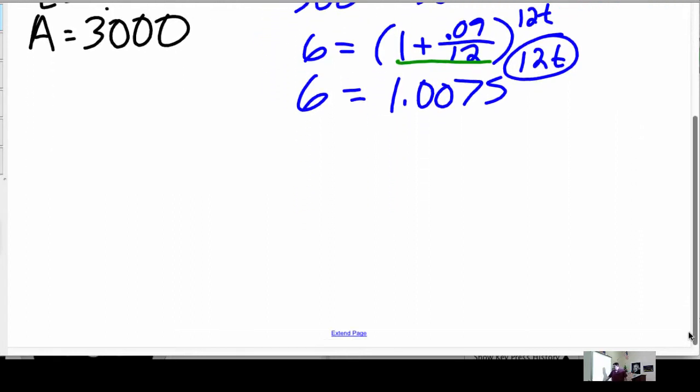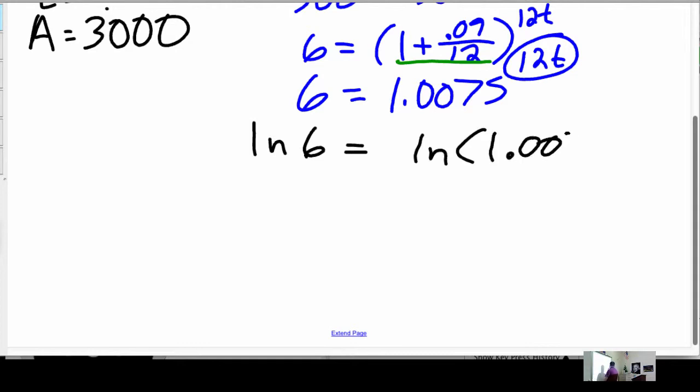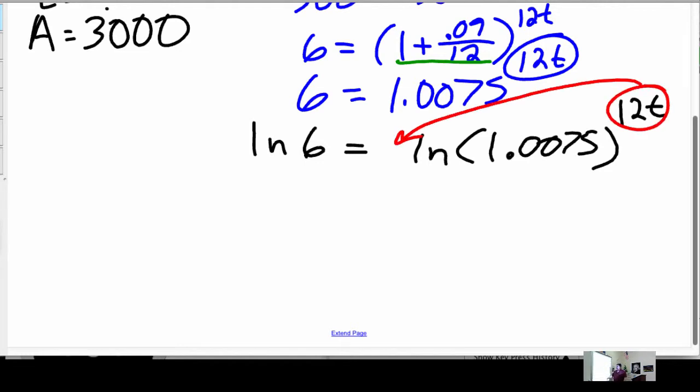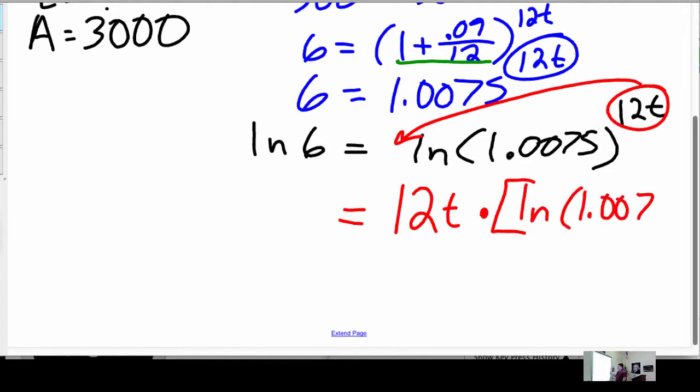So now at this point, if I hit both sides with the natural log, there's that property of natural logs that says that I can rewrite it as 12t times the quantity, the natural log of 1.0075, is equal to the natural log of 6.